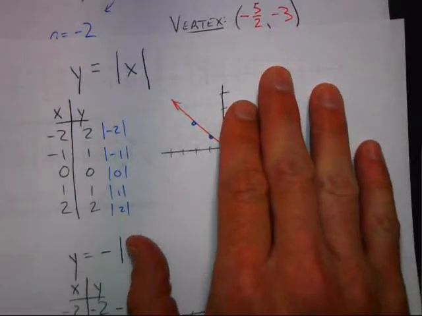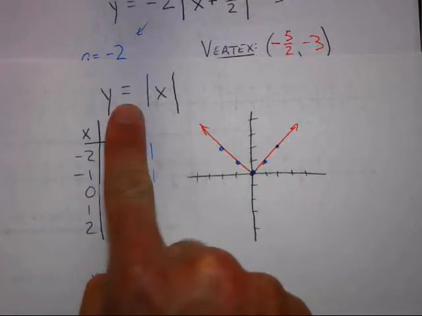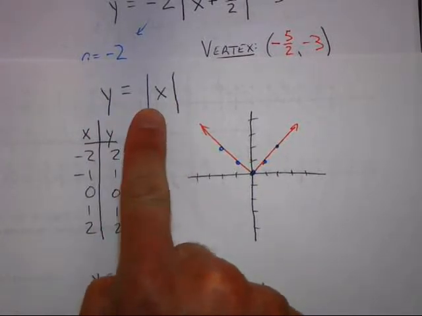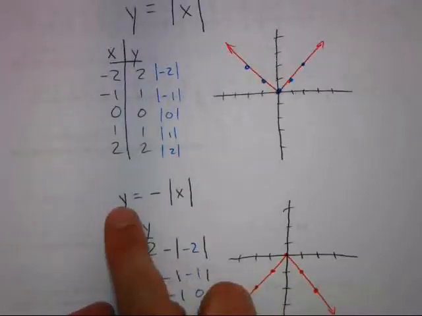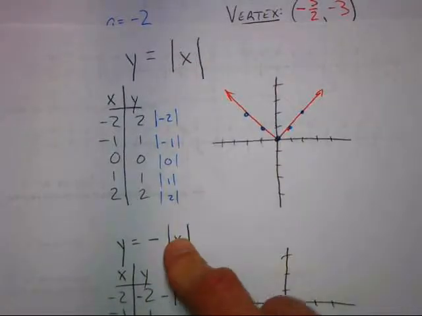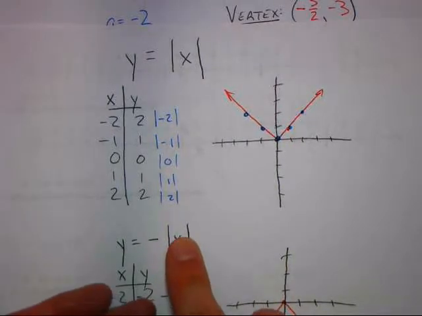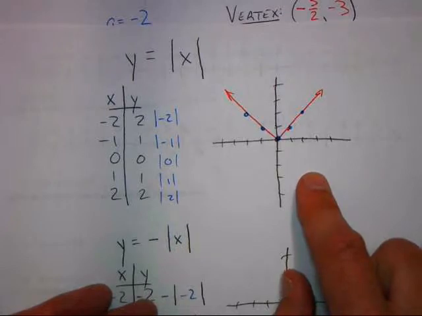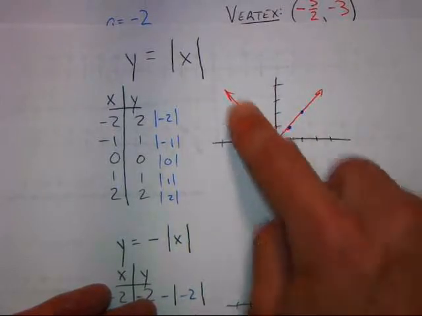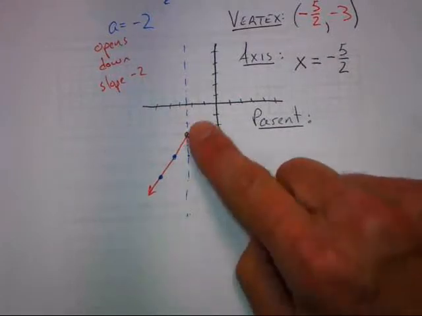So the parent function of all absolute value functions is good old y equals the absolute value of x, or you could even use y equals negative the absolute value of x. Either one is an acceptable parent function, as long as you are able to use all the information we have to define how the parent function changes to what we have graphed.